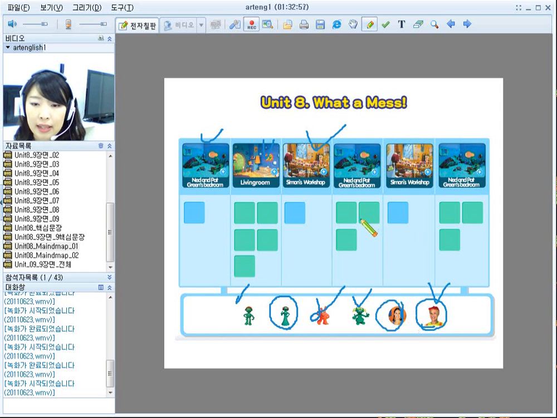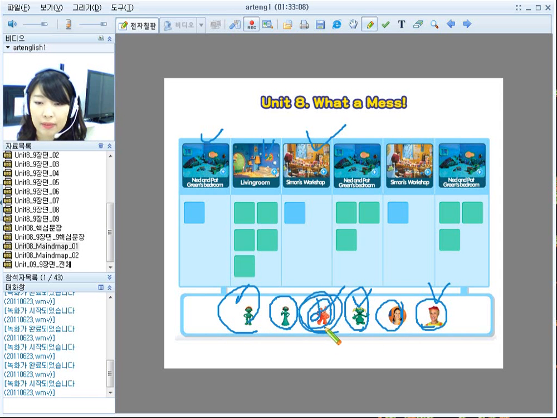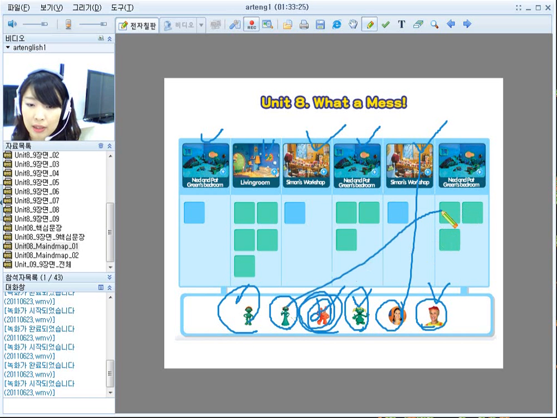And in Ned and Pat Green's bedroom, there was Ned and Pat and Zing, who came out of the toy box. And in Simon's workshop, there was Nikki again. She helped them through the computer. And in the end, there was Mrs. Green, Ned, and Pat.